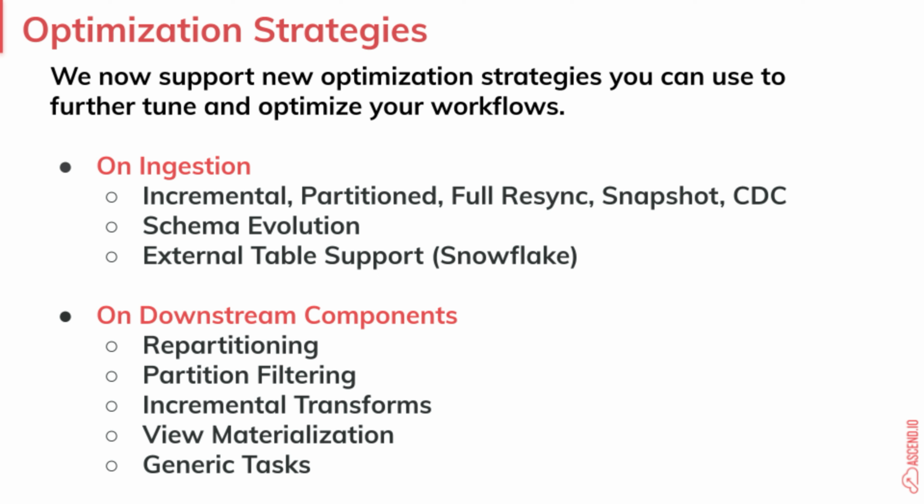Another thing that we have on ingestion that's new is the external table support for Snowflake. Those of you that are Snowflake users, Snowflake offers the ability for you to connect your blob storage directly to Snowflake staging. And then Ascend gives you the ability to create an external table from that stage and process the new files when the flow runs.